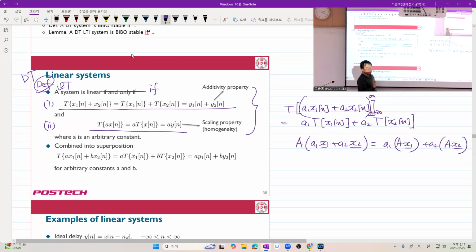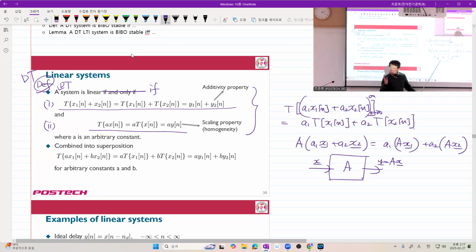So actually, the mapping rule whose input-output relation is given by a matrix vector multiplication is actually a linear system. So that's why we call the course linear algebra. Got it? So this is a special case of a linear system.